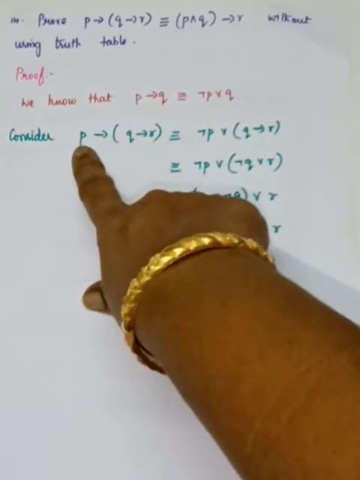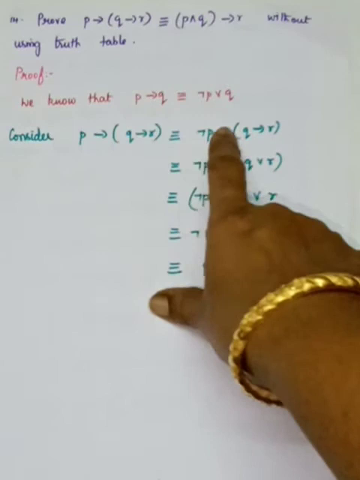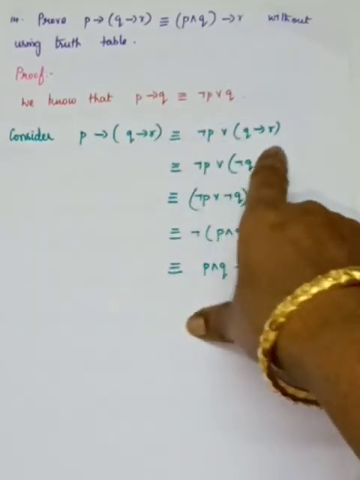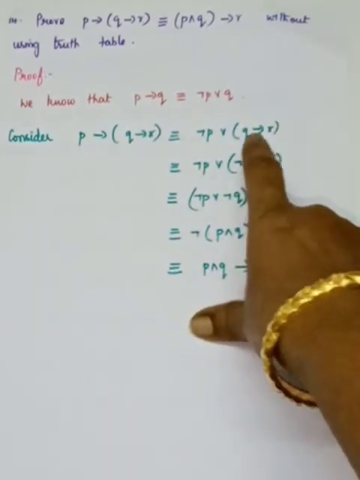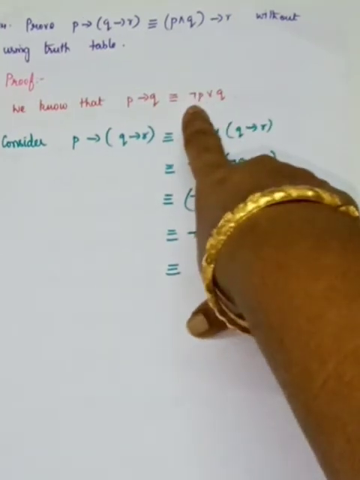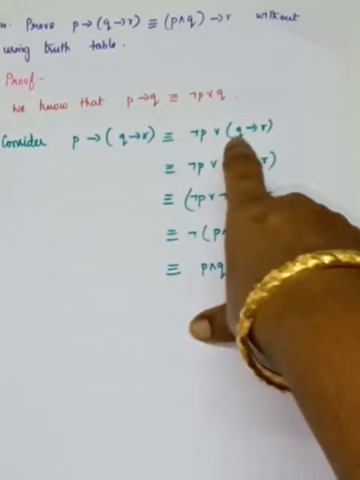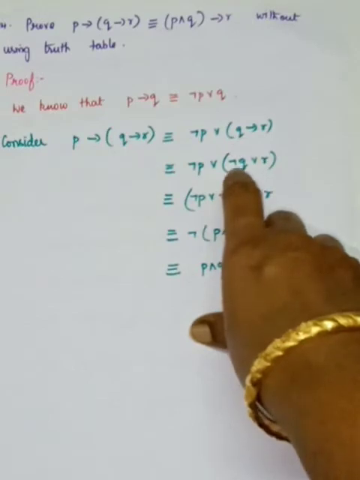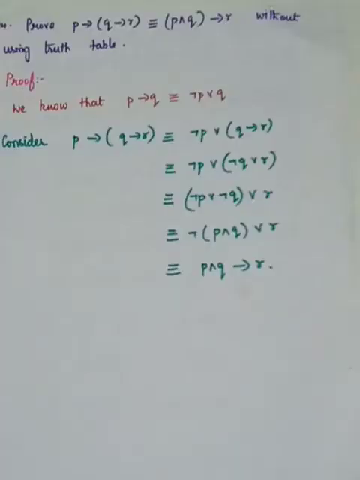So the first statement is P, so negation P or the second one. In the bracket also it is a conditional statement, so the same property has to be used. For the first statement here it is Q, so negation Q or R.